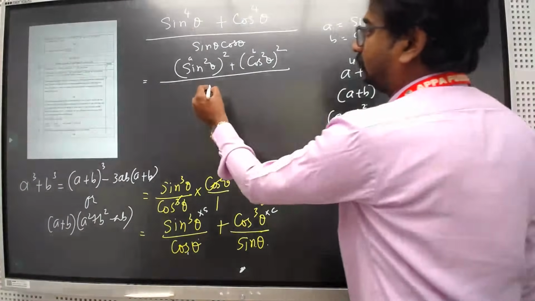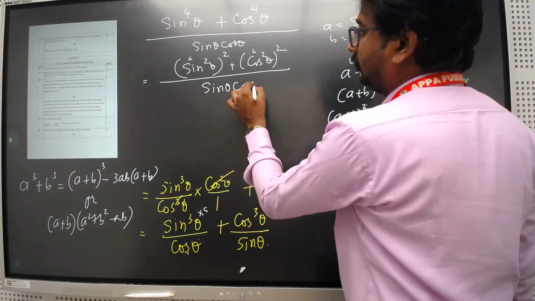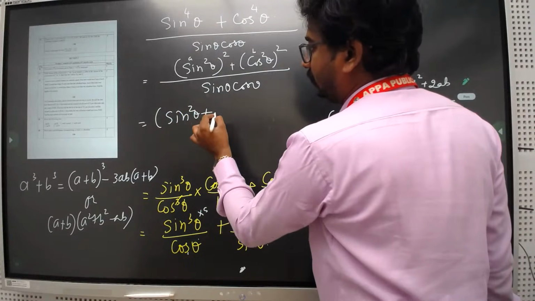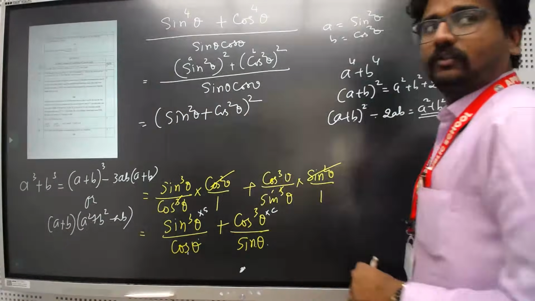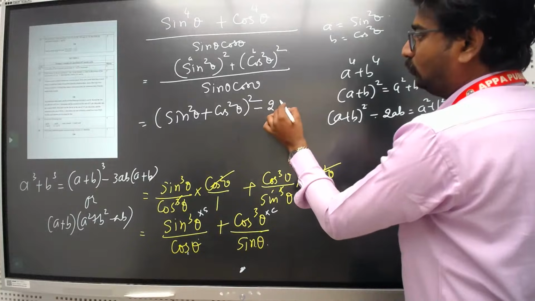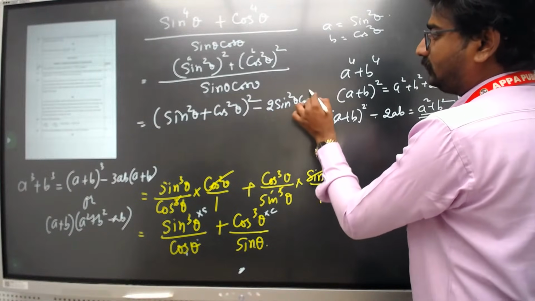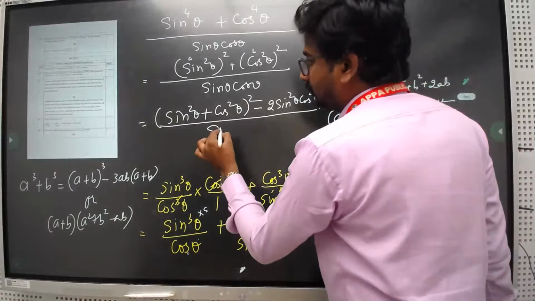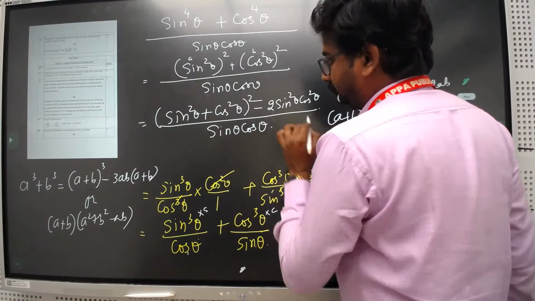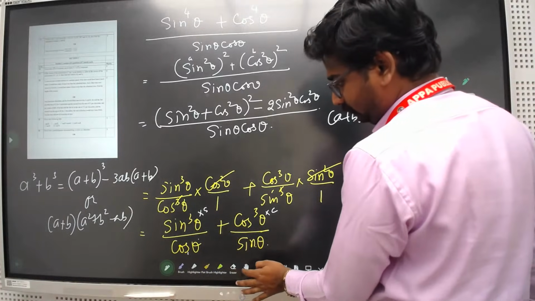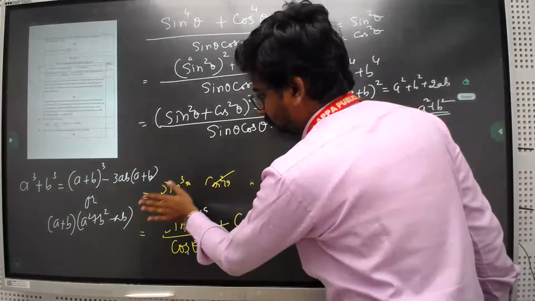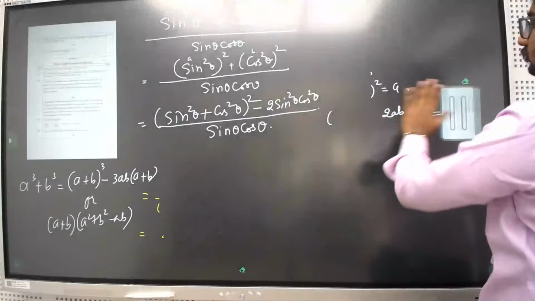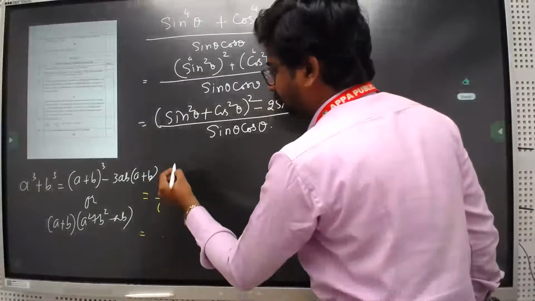Now, based on this, anyhow, this will be sine theta, cos theta. What is a square plus b square? It can be written as a plus b whole square minus 2ab. What is the value of a and b? Sine square into cos square, whole divided by sine theta into cos theta. Now look at it carefully.